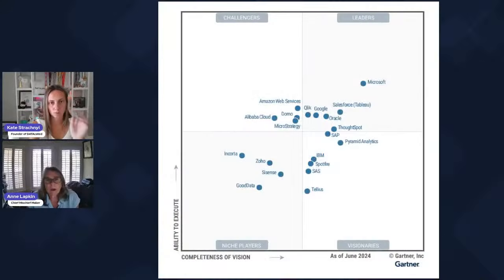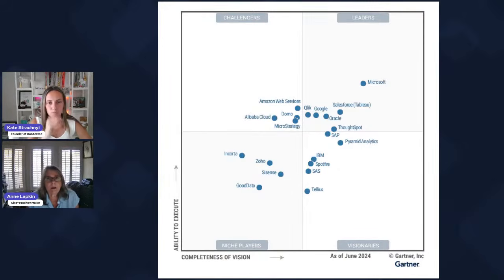One axis is the execution axis, and the second axis is the vision axis. The execution axis is the vertical one, and the vision axis is the horizontal one. What the Magic Quadrant is trying to do is tell you whether a company has the resources to support you in a given market.